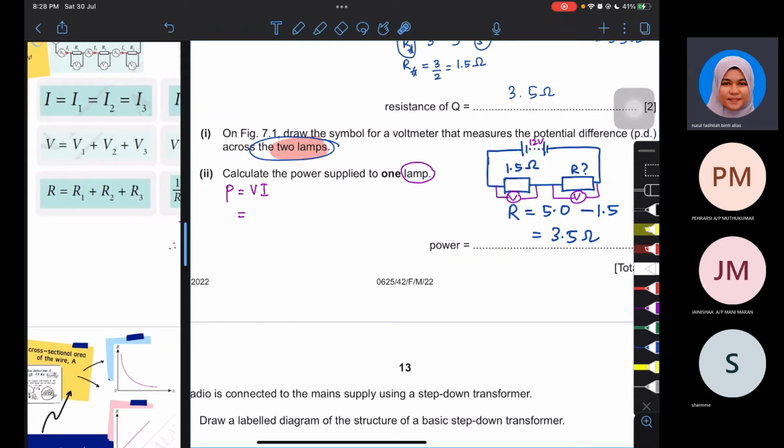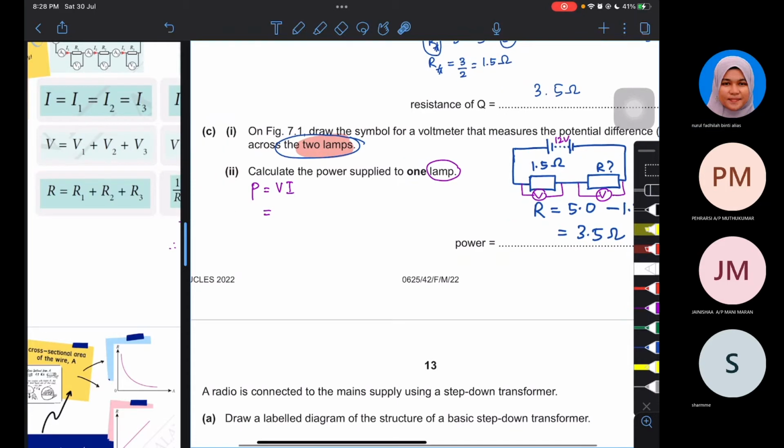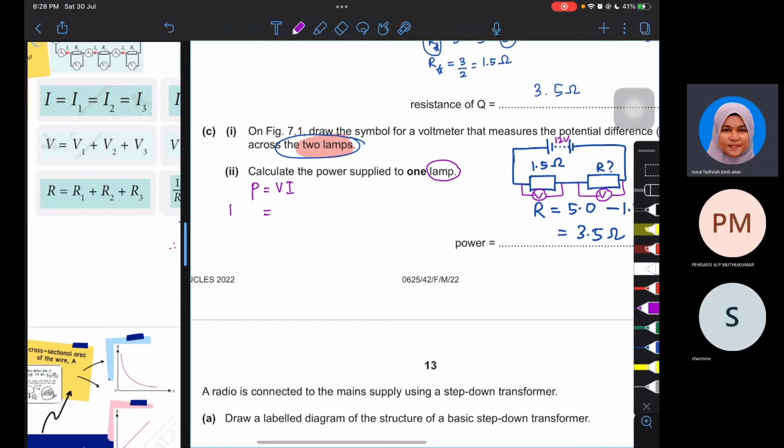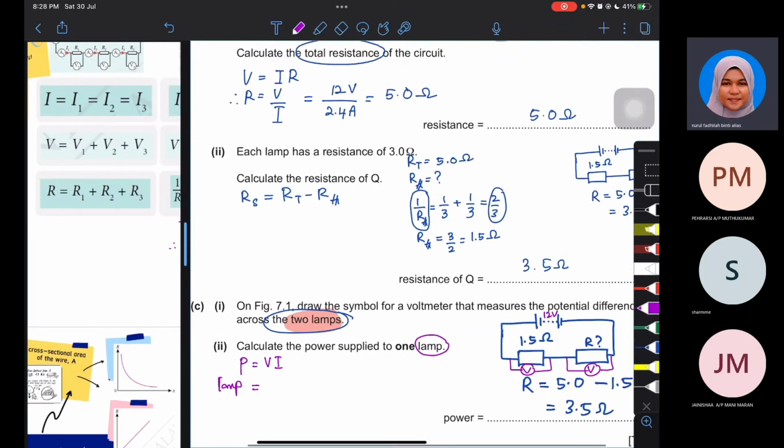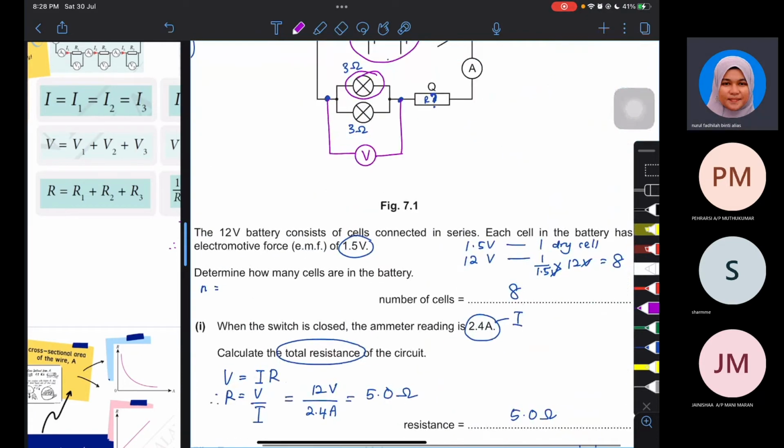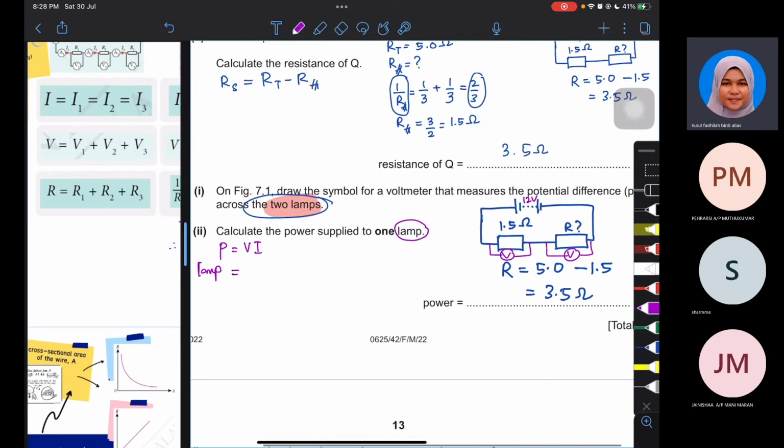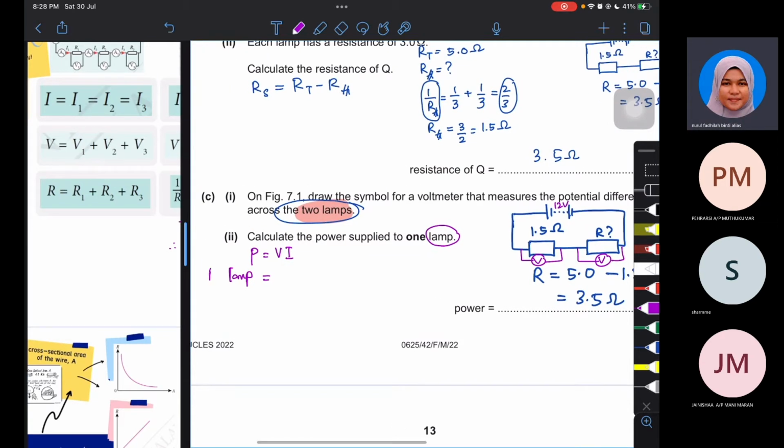So, across the lamp tu, the total resistance berapa? Total resistance 1.5 kan? Ni for lamp. Okay. Total resistance dia, 3 lah. For each battery. 3 ohms. Jadi kalau 3 ohms, kita buat macam ni resistance lamp 3 ohms. Jadi V dia berapa?